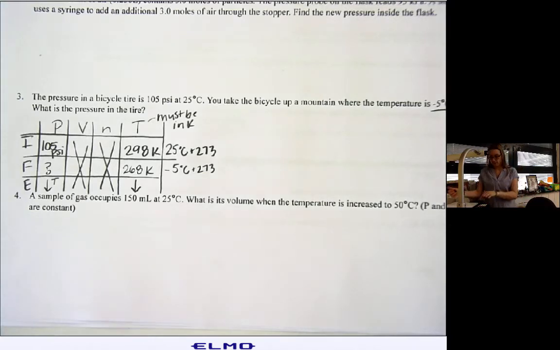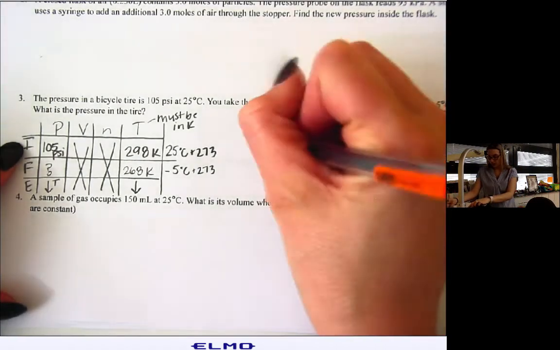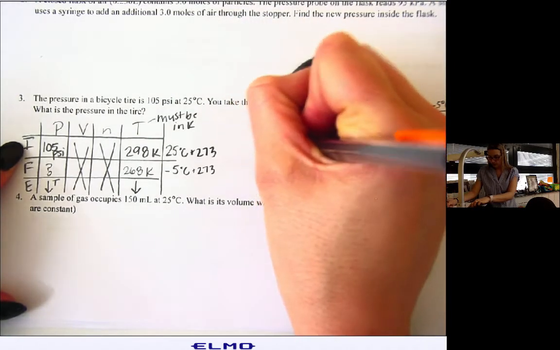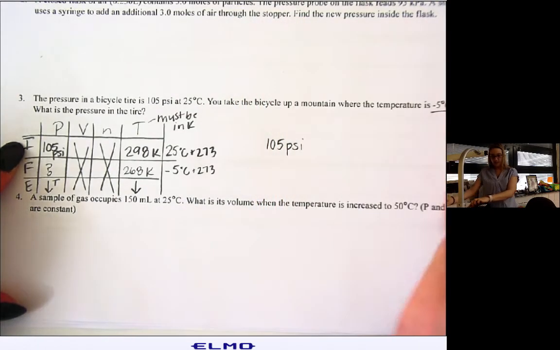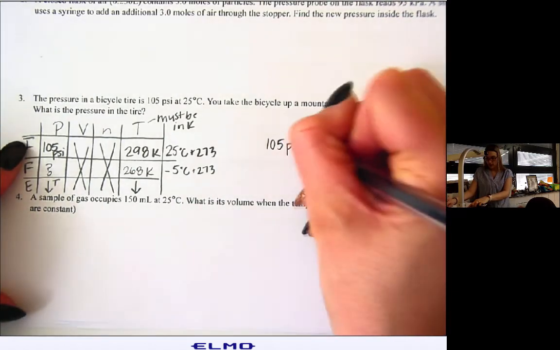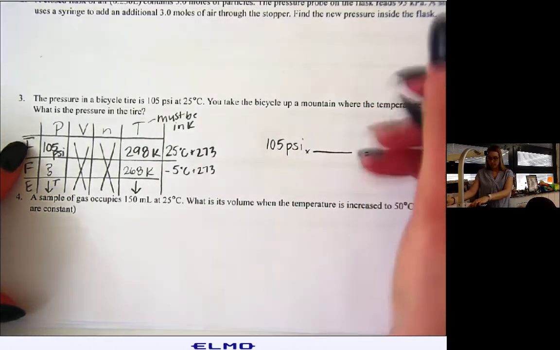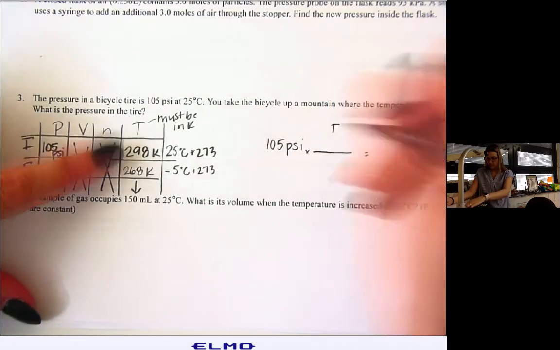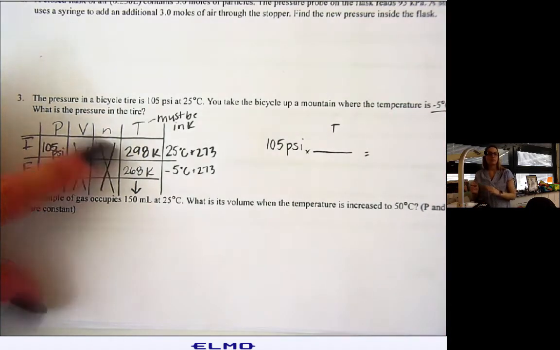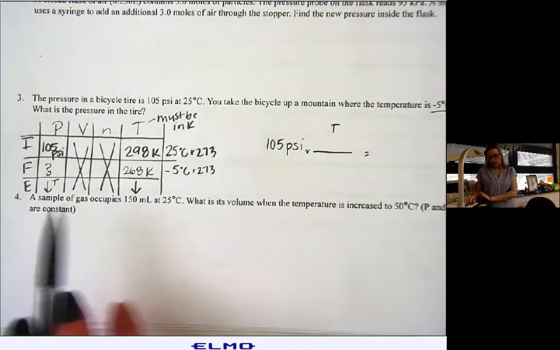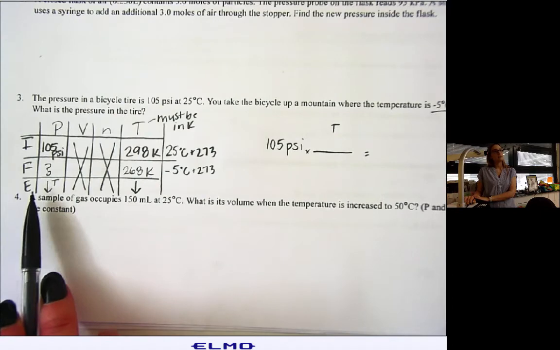Now to solve, start with your initial value. Since I want to find final pressure, I need to start with initial pressure. Now I'm multiplying by a factor. This factor is based on these 2 temperature numbers. I want pressure to go down.